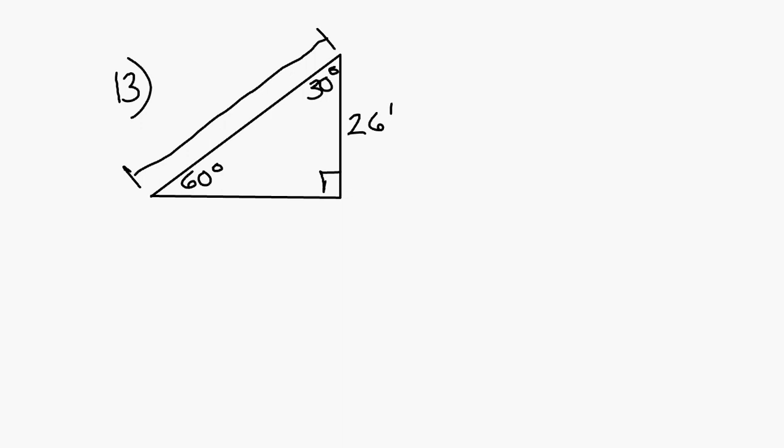So we said yesterday that if you know the long leg and you need the short leg, you divide by the square root of 3. So this short leg is going to be equal to 26 divided by the square root of 3. So you can do that in your calculator.